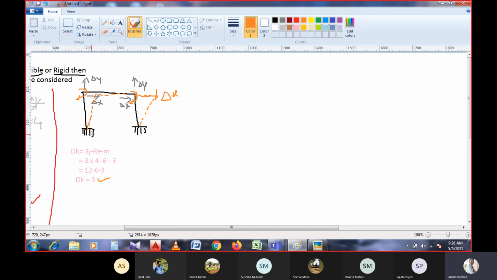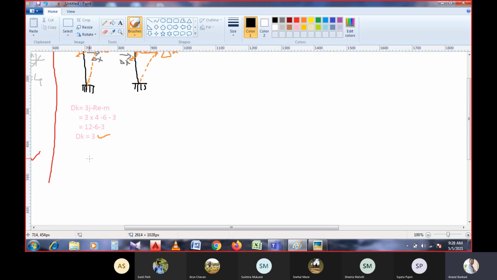So is that clear? If the same case, if you have an example with the same structure, I will consider over here a member that is provided with an internal hinge.